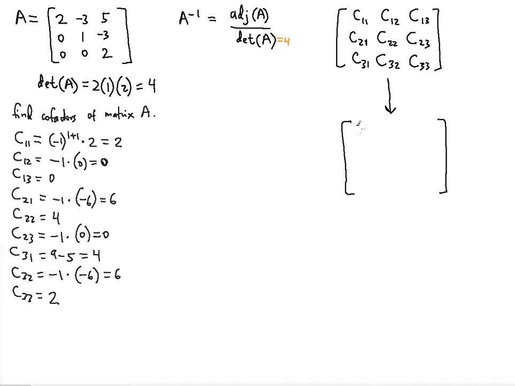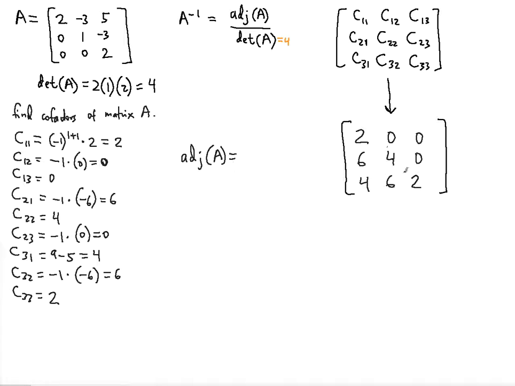Let's fill them in here. So we got 2, 0, 0, 6, 4, 0, 6, 4, 0, 4, 6, 2, 4, 6, 2. So the adjoint is going to be the transpose of this.